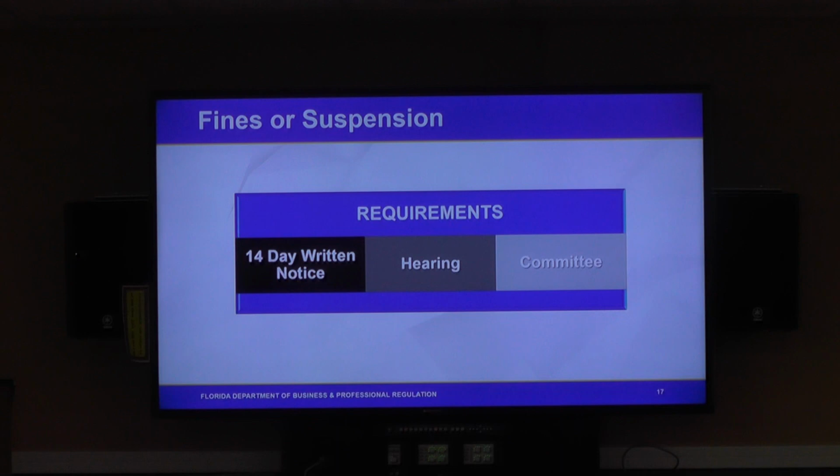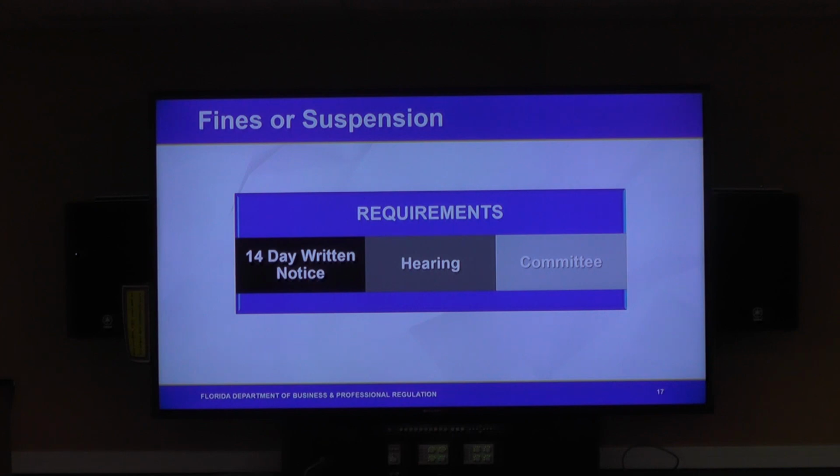To impose a fine or suspend use rights due to non-compliance with the governing documents requires a committee of at least 3 people who are impartial to the board. This cannot be board members, officers, employees, or their relatives. A 14-day notice of an opportunity for hearing must be sent to the person in question. After the hearing, the committee approves or denies a fine or suspension imposed by the association by majority vote. The board cannot reverse this decision.